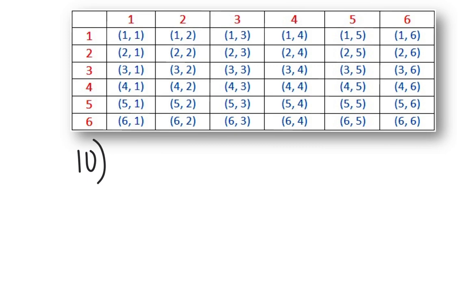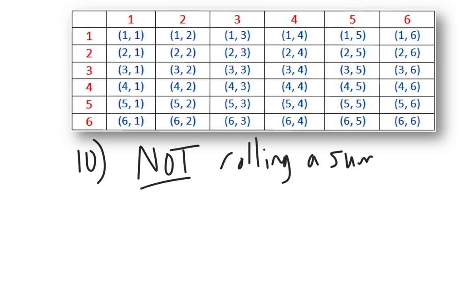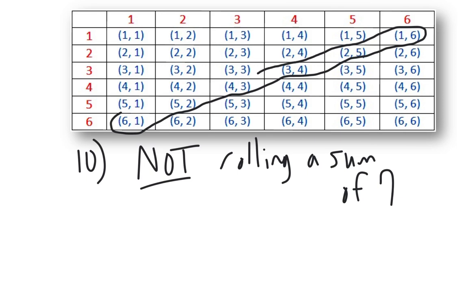And our last question on the probability with dice, they want us to find the probability of not rolling a sum of 7. Sum of 7 is the most common sum that we can have, and it actually goes across the diagonal, depending how you write this.